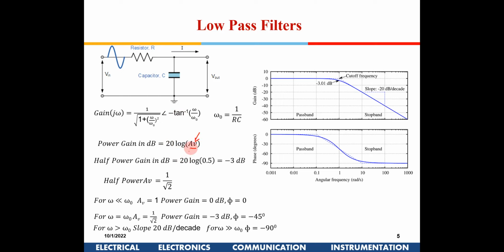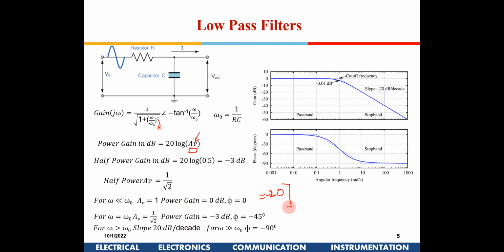So now here AV, W by W0, from here. So for every decade, I'll give you a link where I have given the derivation, that is in the basic electrical science course. Where did that minus 20 dB per decade come from? That derivation part I will give you. I will share a link. Okay, you can go through that video.